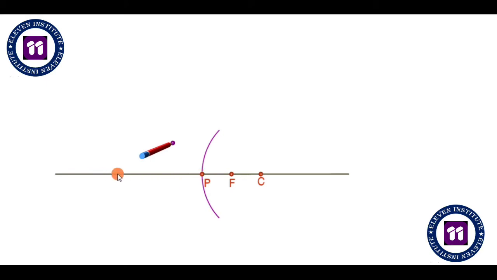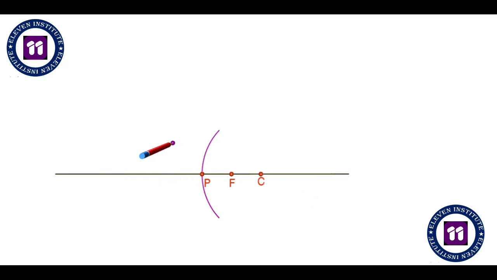You can take it 4 centimeters, 6 centimeters also, you will definitely get an image over here, but that might be very small, very large. You don't know the final output. So knowledge wise, you can place your object anywhere you want. But theoretically, for exam point of view, just remember that when you take a mirror with radius of 4 centimeters, then you will place your object exactly 2 centimeters away from the pole.